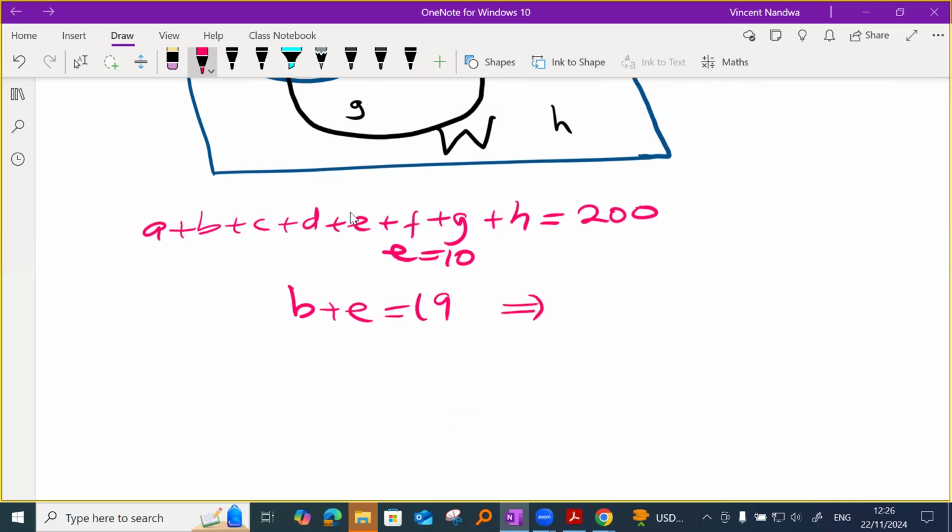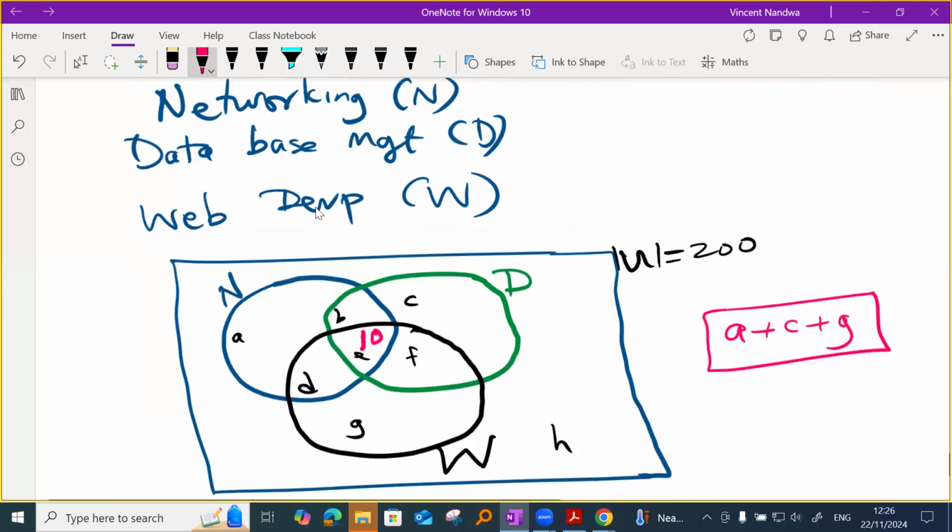But we know E is 10. So what is B? 9. So where there's B, we put 9.